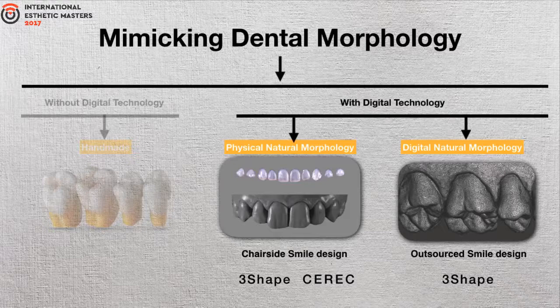In these two workflows, both dentist and lab technician can achieve great results faster than the artist's handmade technique. Both methods extract the natural morphology from real dentition to mimic the dental surface. The difference is that the first one uses a physical model and the second uses a digital database.